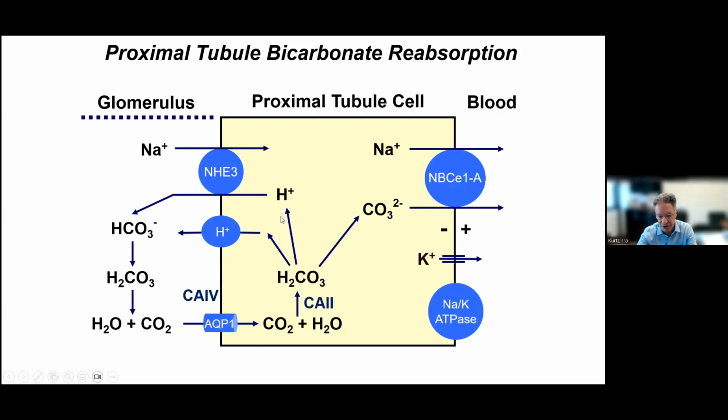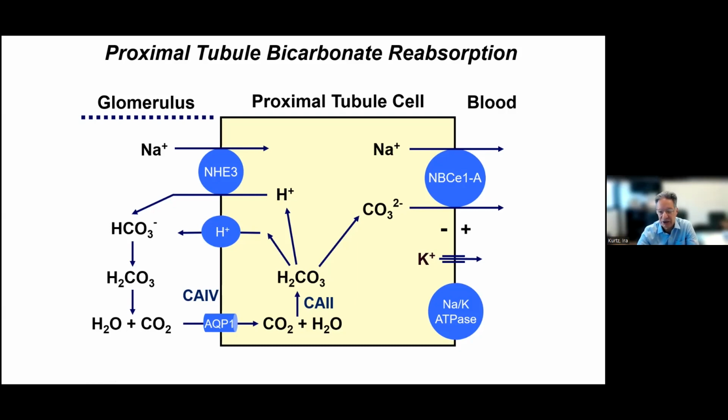Now, there are other nephron segments. The thick ascending limb, where Lasix works, absorbs about 15%, and the collecting duct maybe another 4 or 5%. But the majority of the bicarbonate absorption occurs here. That's why we don't have a term for RTA of the thick ascending limb. We have proximal RTA because when it's perturbed, we lose a lot more bicarbonate.